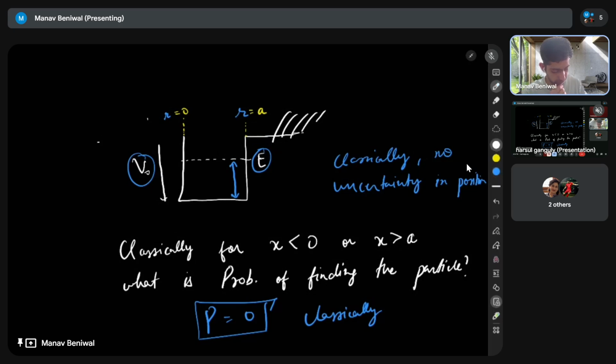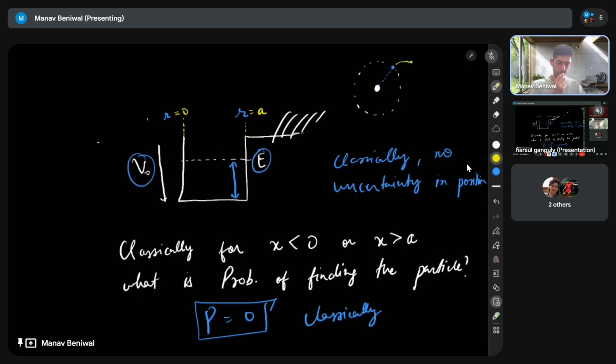So if I draw my nucleus and I draw my electron here, let's say this blue one is my electron. Now this electron is bound to this nucleus by Coulomb potential. Classically, it is not possible that this electron goes away to, let's say, this position.